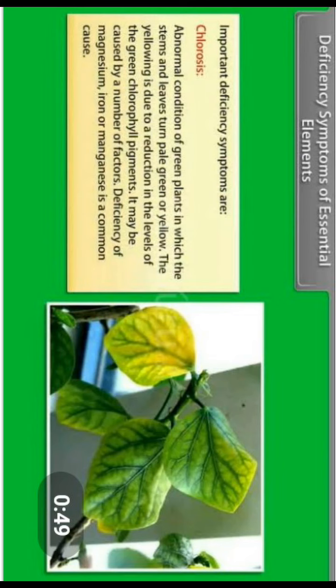So this is one important definition for critical concentration. I repeat once again, the concentration of the essential element below which plant growth is retarded is termed as critical concentration. Is it clear? So the element is said to be deficient when present below the critical concentration.